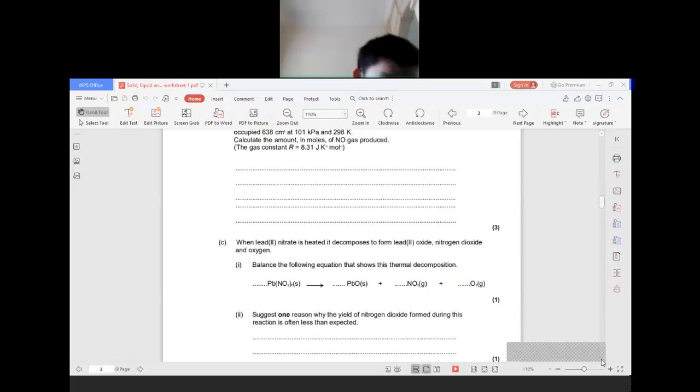It is also difficult to separate the gases because nitrogen dioxide and oxygen gas are both produced in the same reaction vessel, so it is quite difficult to separate.